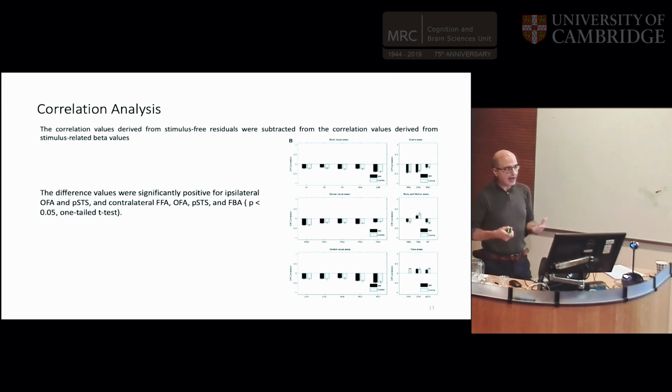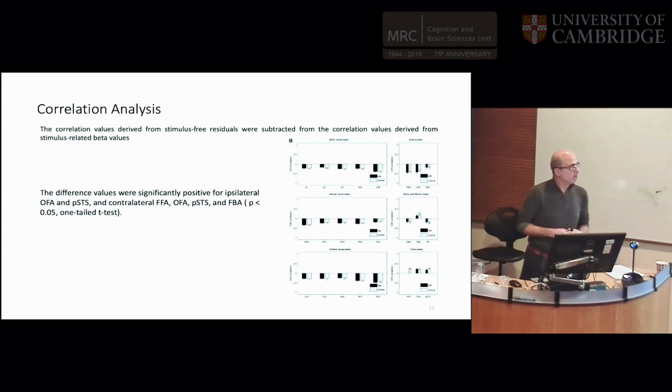So in order to address this question, we went back to our GLM model, the model that we use to extract the beta values for these 60 stimuli. Instead of using the beta values, we use the residuals of the GLM model.